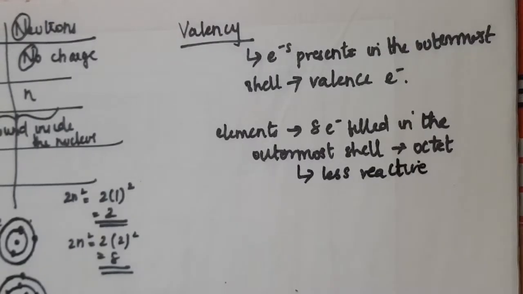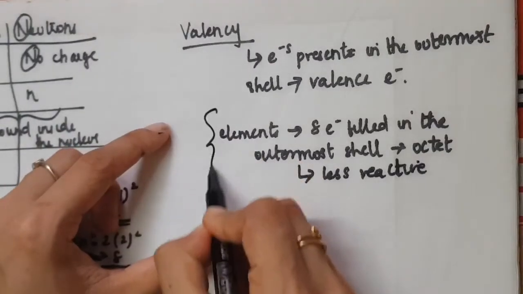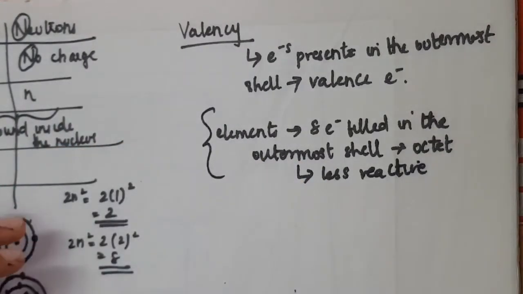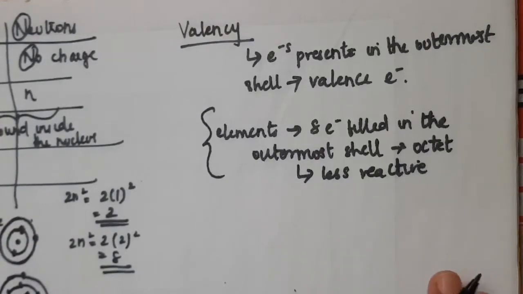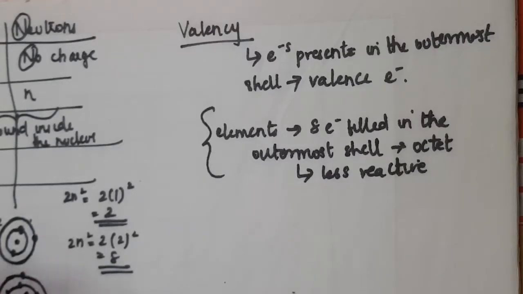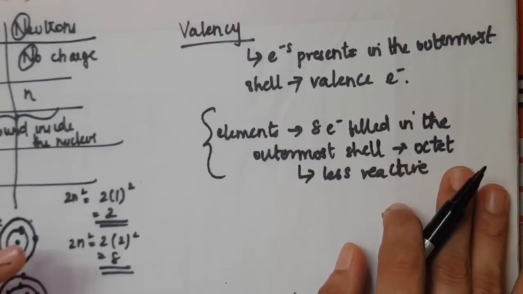So it was concluded from this observation that all the elements that react with the same element or different elements do so to gain this valency, that is, to get a fully filled outermost shell. So actually, atoms react to be octet elements.